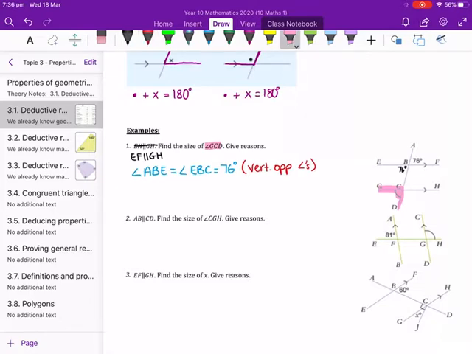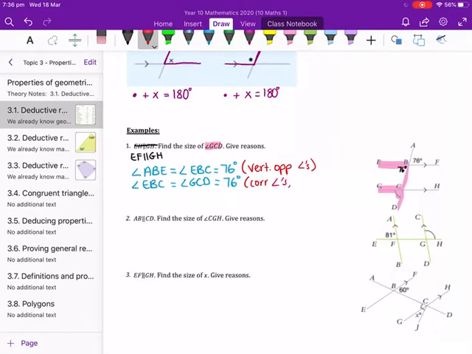Yes, we can see corresponding angles. If we were to go around the angle that we now know and the angle that we have been given, we see our backwards F shape. That means that angle EBC is equal to our angle GCD, which equals 76 degrees, and our reason is corresponding angles.